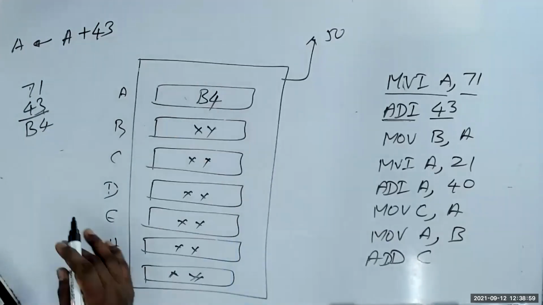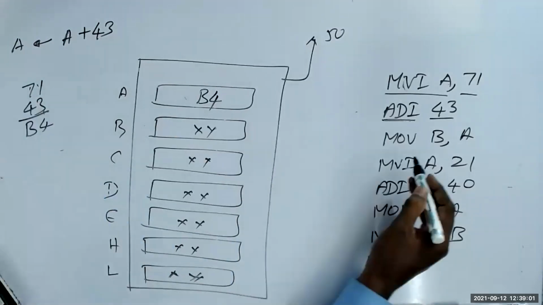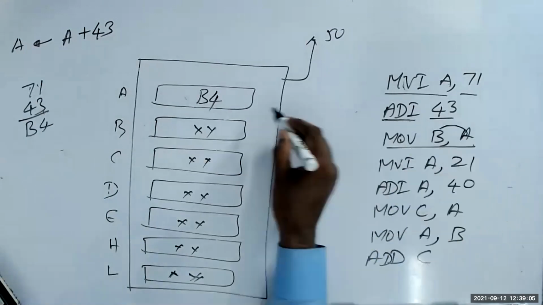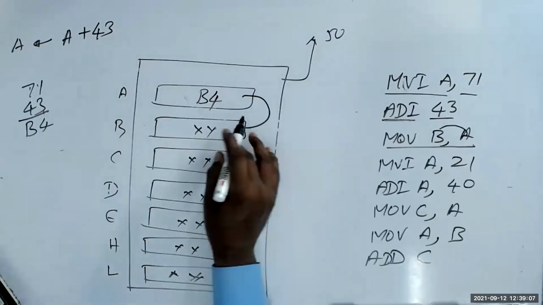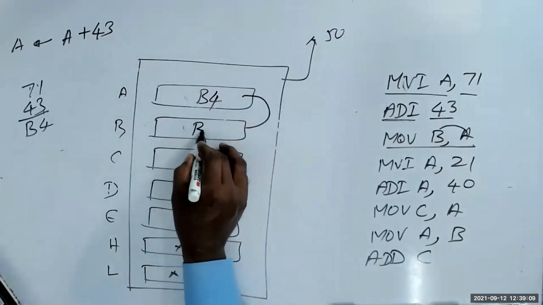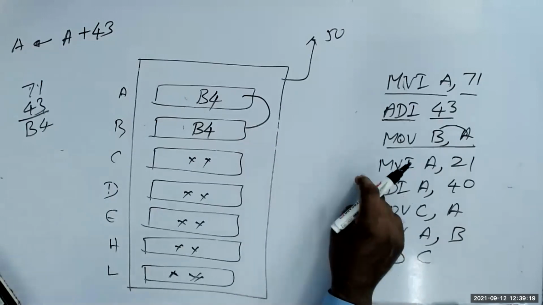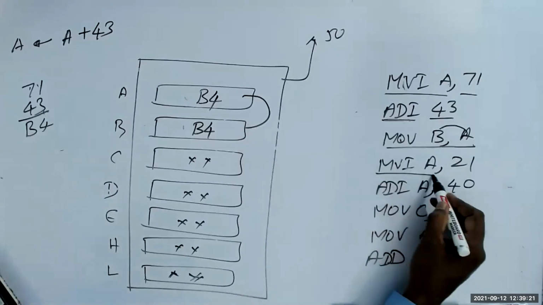Now what is gone? 71 has gone now. I have written here, move A to B. So this value is moved here. Done. Now you have written move immediate A, comma 21.